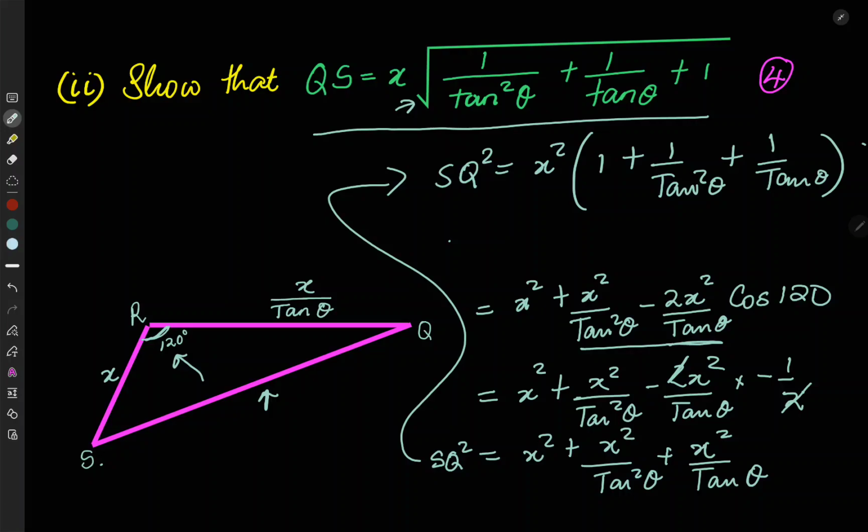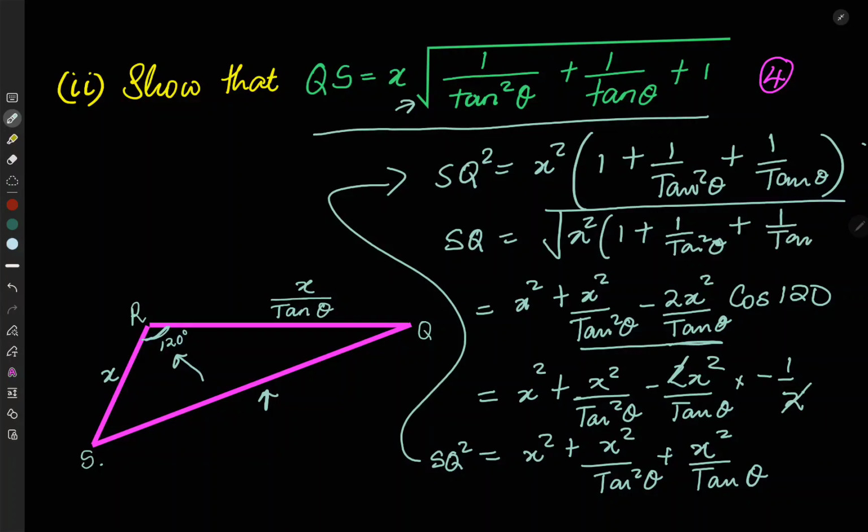So then you remove now the square on the SQ by square rooting both sides. So SQ will be equal now to the square root of x squared bracket 1 plus 1 over tan squared theta, then plus 1 over tan theta.